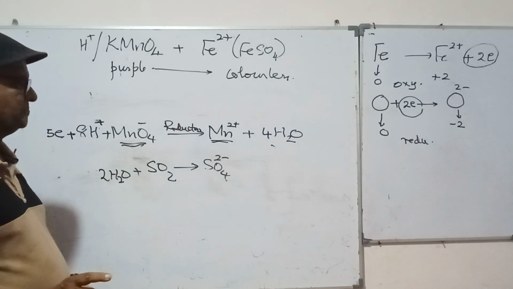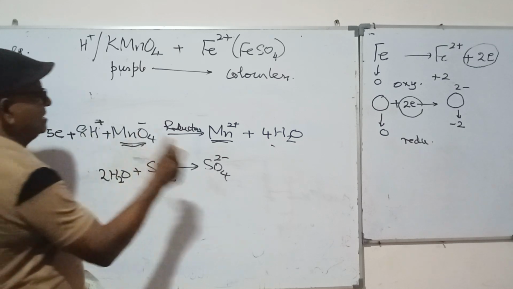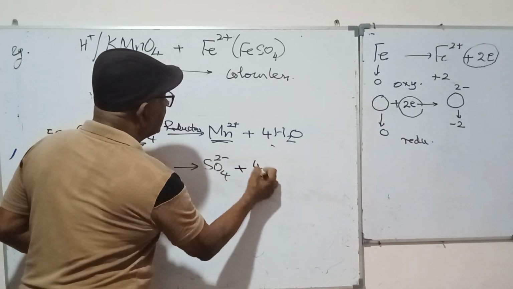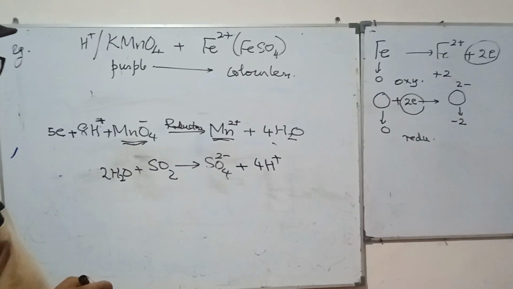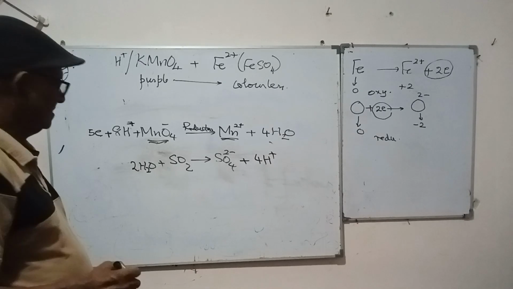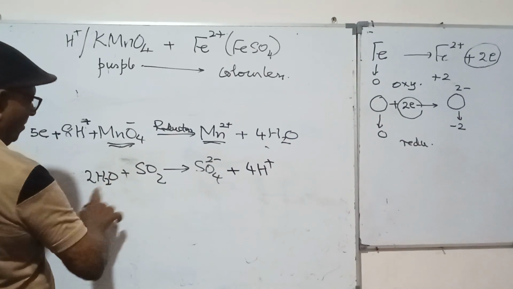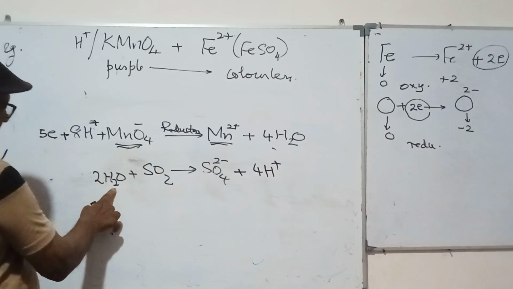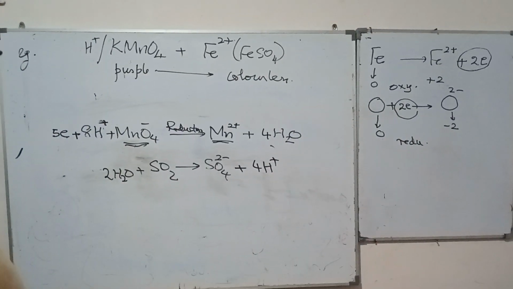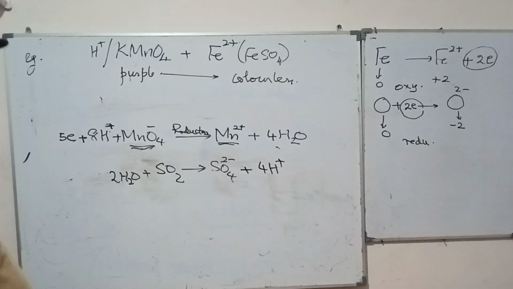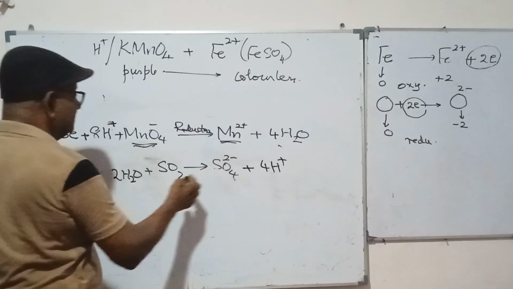Then to balance 2 into 2, 4 H atoms, you must add 4 H plus to this side. Now sulfur balanced, oxygen balanced, 4, 4, hydrogen 4, 4, hydrogen balanced. As before, here also the elements are balanced.